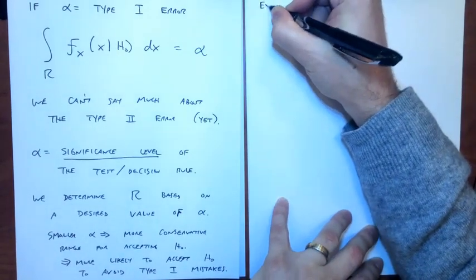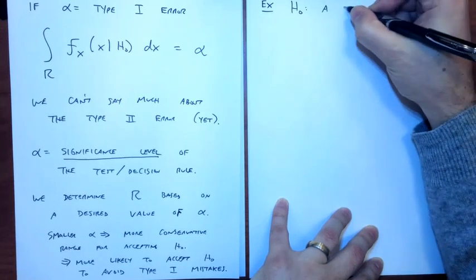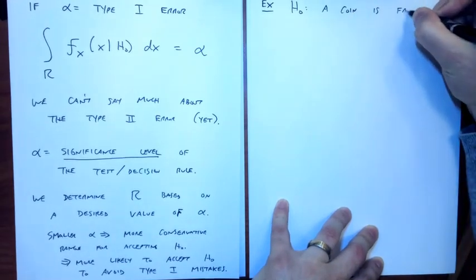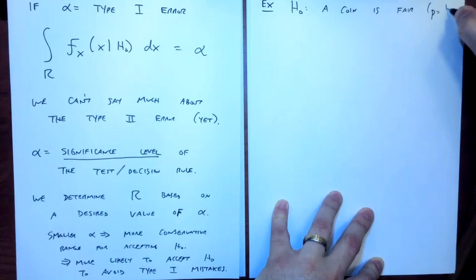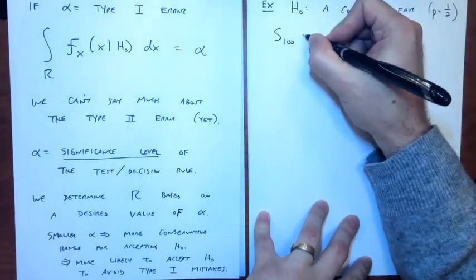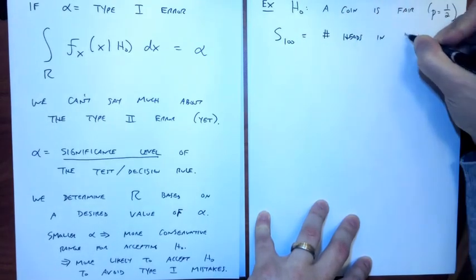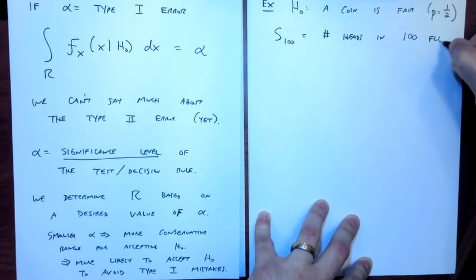So here, H0 is the hypothesis that the coin is fair, which means that P equals 1/2. And let's say that I flip the coin 100 times. This is equal to the number of heads in 100 flips.